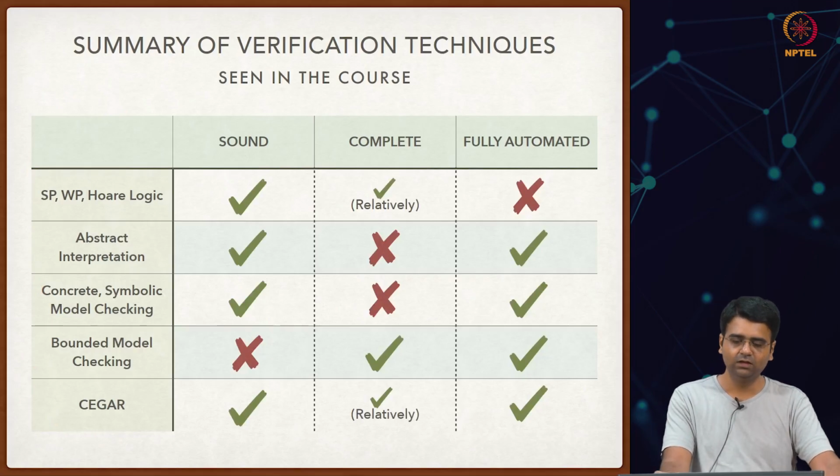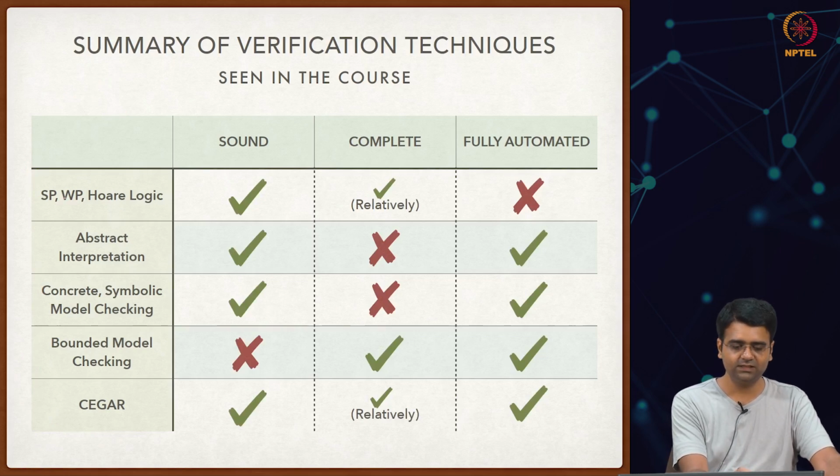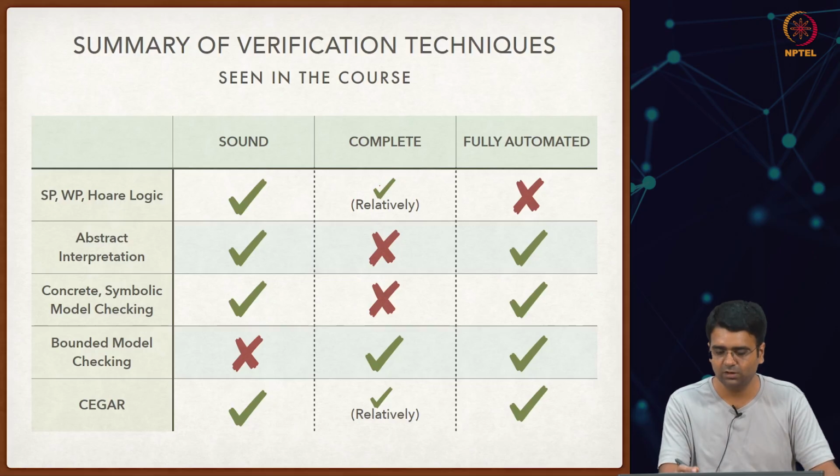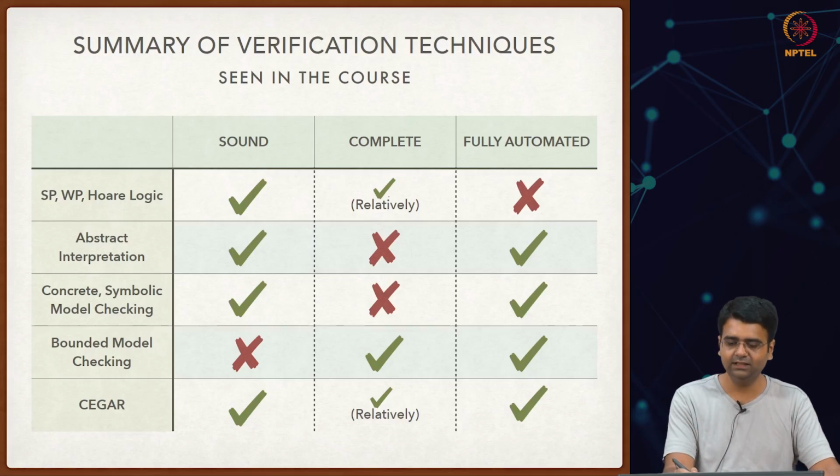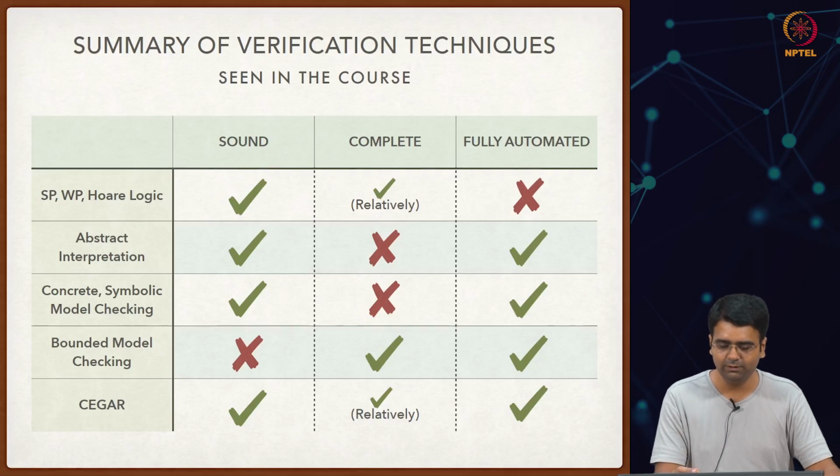What we have seen during the course is that the constraint solver based techniques, which is SP, WP and Hoare logic, are good in the sense that they are sound and they are also relatively complete, meaning that there is a high chance that you will be able to verify arbitrary specifications of programs.